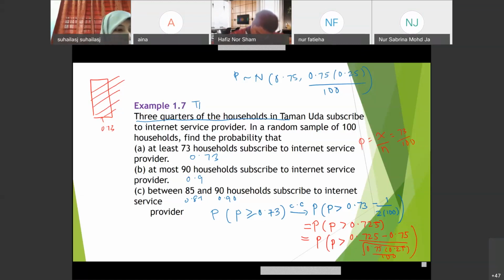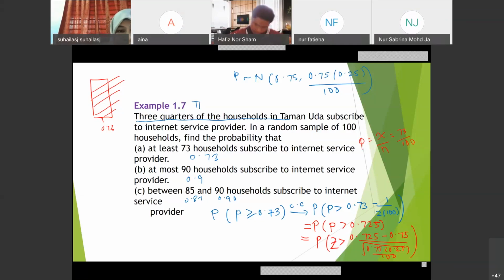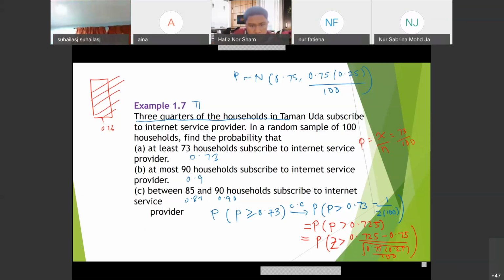What do you get for Z? So you will get the probability Z greater than negative 0.58. Again, Z greater than negative 0.58.